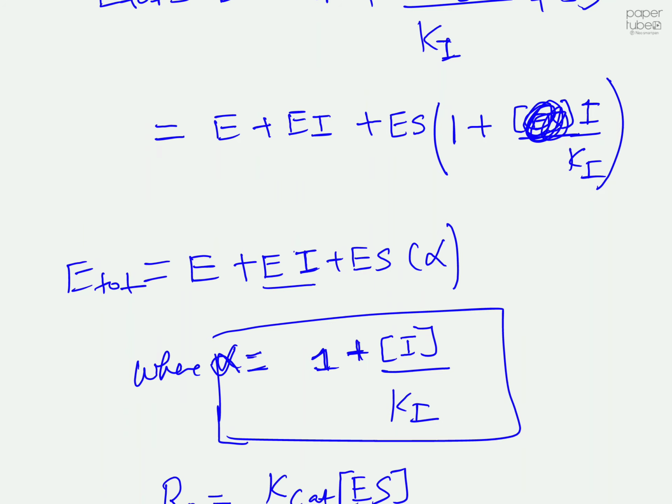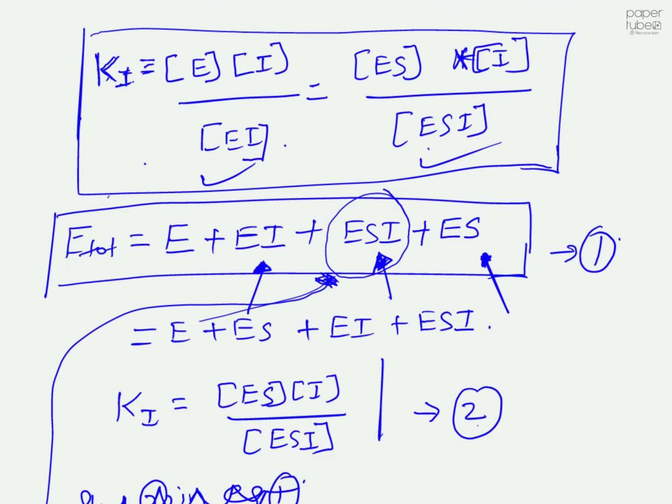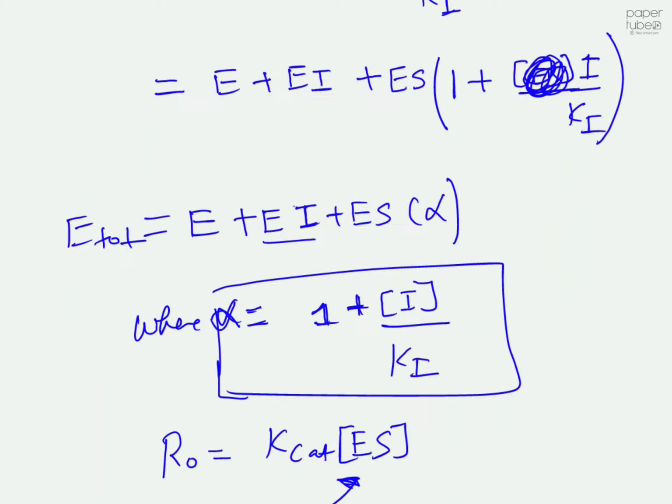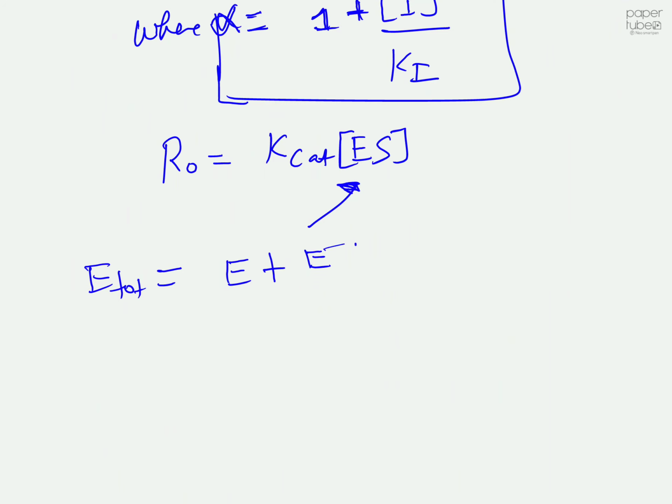If we come back to the equation here, Ka is equal to, just look at this part of the expression. From this we can get the concentration of EI. That will be equal to enzyme concentration multiplied by inhibitor concentration divided by Ki, plus enzyme substrate complex multiplied by alpha.